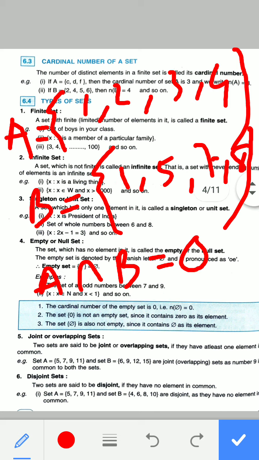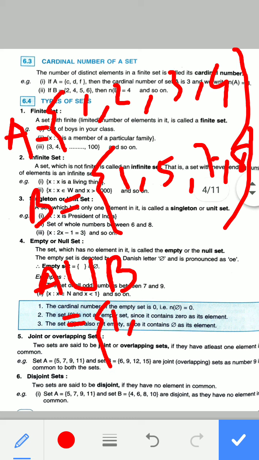Now what do we mean by union? A union B, this is the sign of union. A union B means taking all the elements of A and B. So 1 2 3 4 are the elements of A. Now in B there are 4 elements, 1 5 7 8. I have already taken 1, so no need to write 1.